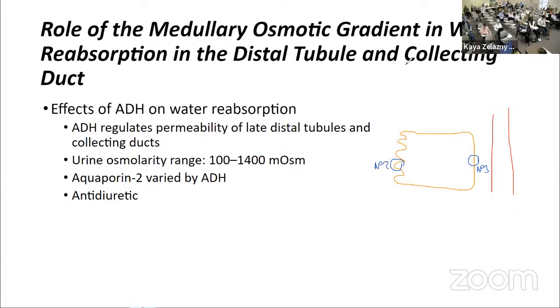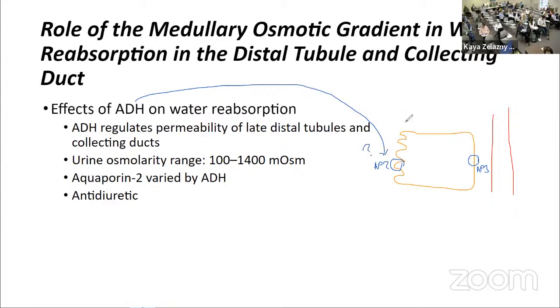Okay. So we consider this regulated reabsorption because this whole process is going to be controlled by our hormone ADH, antidiuretic hormone. Okay. So antidiuretic hormone is what's controlling whether or not we have this aquaporin 2.